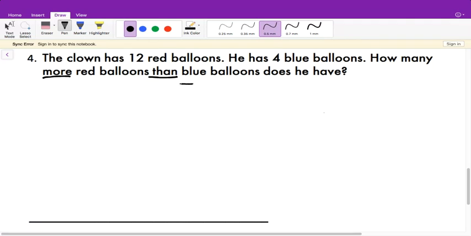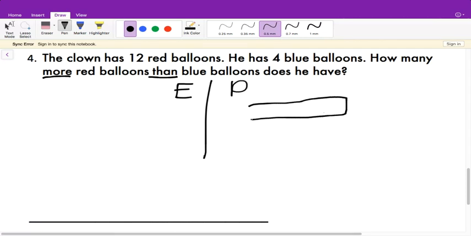Okay, so since this is a compare problem, I'm going to set up my picture first with my comparison bars. So I need to think first which one has more and which one has fewer or less. And of course, what's the difference if it's telling us?